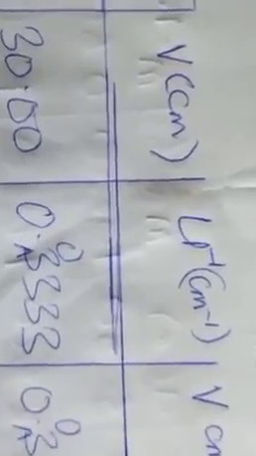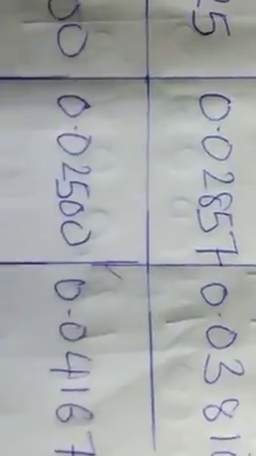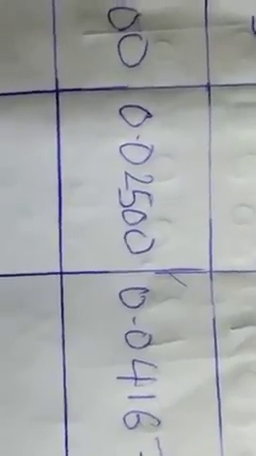Now, let's look at the horizontal axis. The horizontal axis is U inverse. Let's look at the readings on U inverse. Similar readings: 0.0333, then 0.02857, 0.025, 0.0222, 0.02.